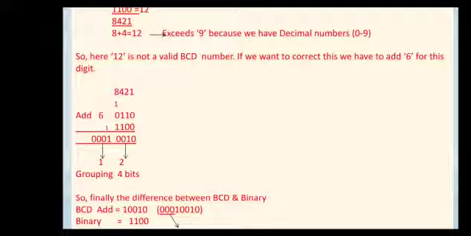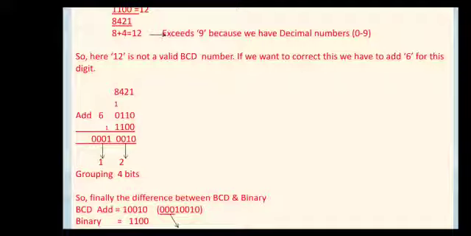Carry 1 plus 0 is 1, and 1 plus 1 is again 0 and carry 1. Here I am putting the carry 1 at the left side of the corner.